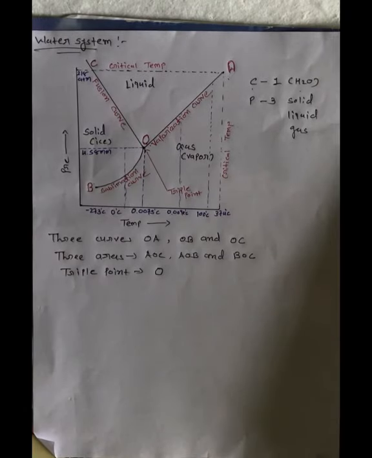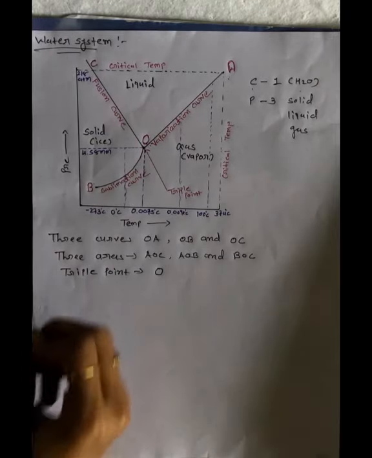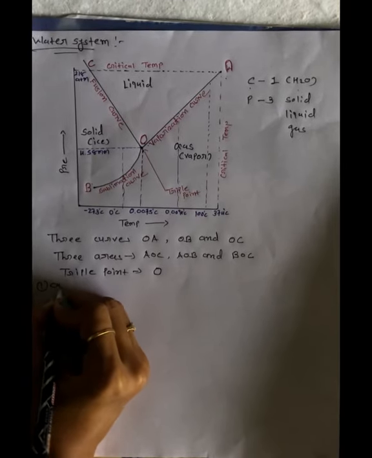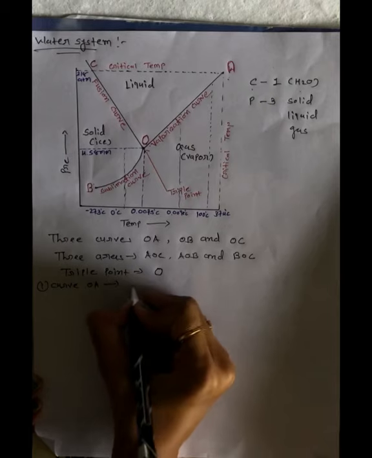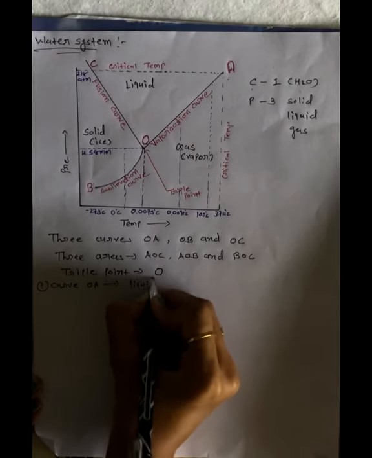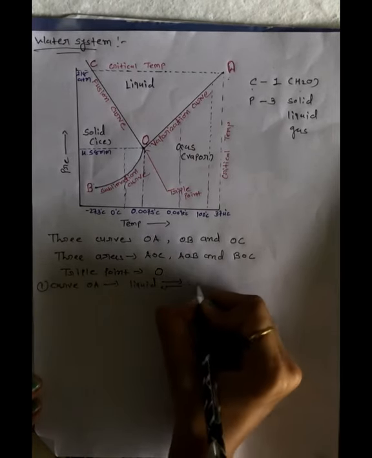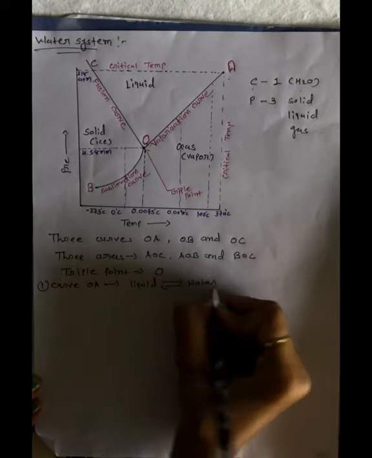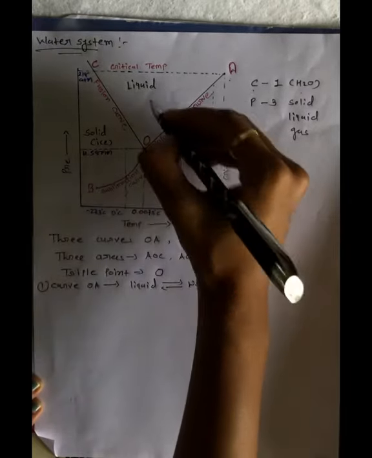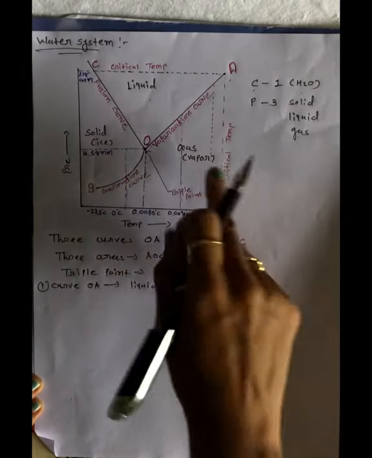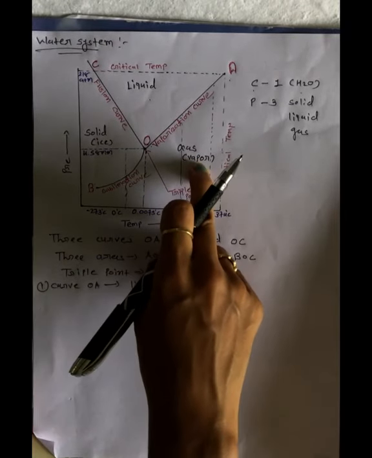First we discuss curve OA. Here liquid and water vapor exist. Curve OA means liquid and water vapor, that means gas, are represented.